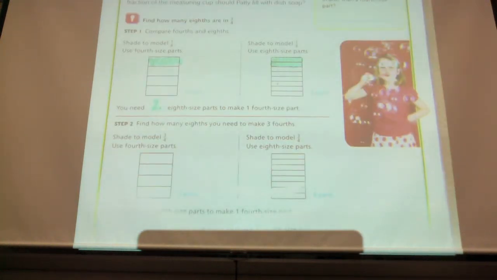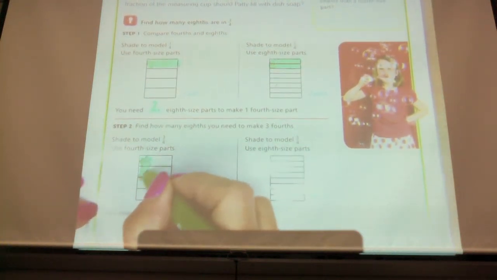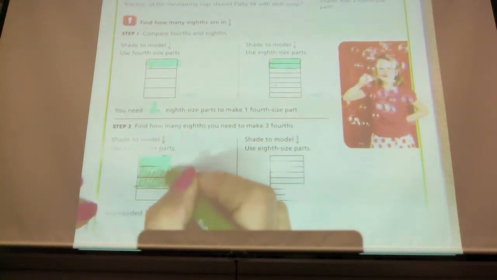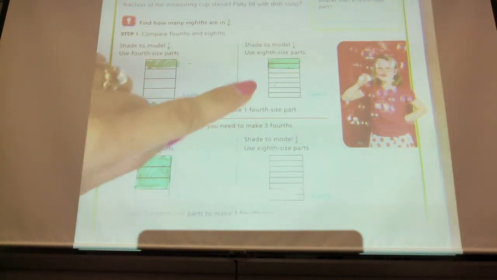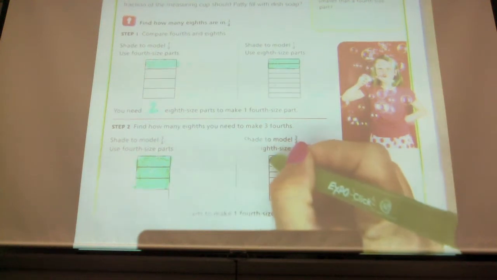Step 2. Now we're going to find out how many 8ths you need to make 3/4. So the first thing I'm going to do is shade 3/4. Go ahead and quickly, you don't have to color it in perfect. Shade 3/4. Okay, remember if I looked up here, for each 1/4 piece that I used here, how many 8ths do I need? 2. So I'm going to do 2.